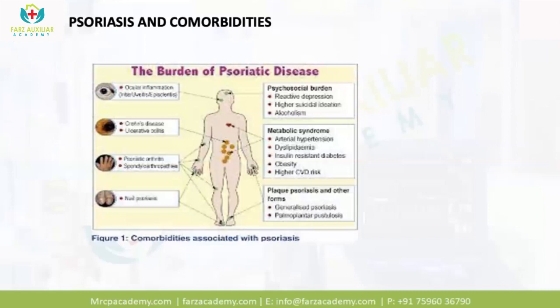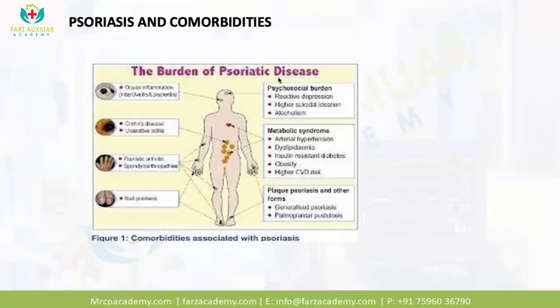Now, psoriasis has been associated with various other comorbidities, and it has been shown that if we don't control the inflammation of the psoriasis, the other comorbidities can actually worsen. It has been associated with metabolic syndrome like hypertension, dyslipidemia, diabetes, obesity, and increased risk of cardiovascular disease.